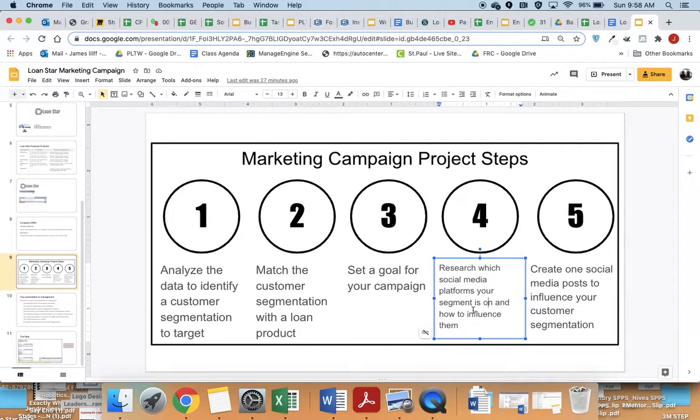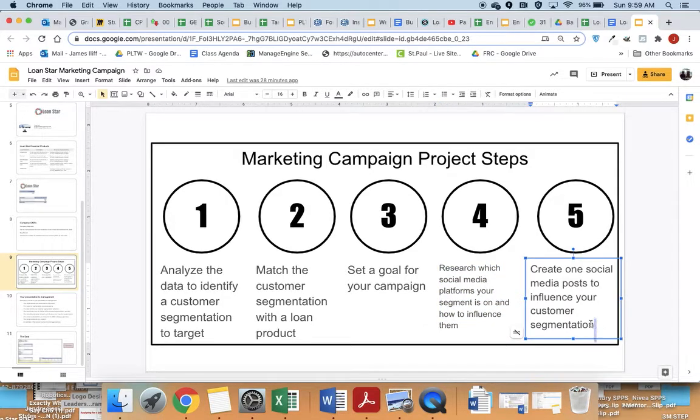Not only that, but you got to figure out what types of media posts are really effective at engaging your audience. So you can put out good posts that are really engaging, or you can put out kind of bland posts that nobody even notices when they see them in their news feeds. And so you got to do some research and figure all that out.